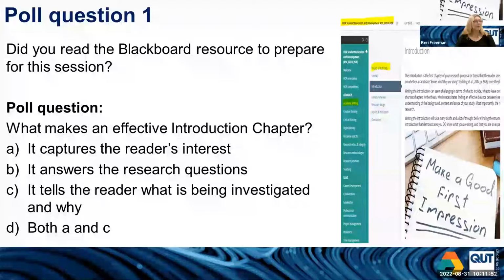Now, obviously, sometimes these poll questions, the answers are quite easy. It's not about trying to trick you or anything. It's just to tweak your thinking and get you into the groove of keeping these sorts of things really clear in your mind, such as the fact that an effective introduction chapter needs to capture the reader's interest, of course, and it needs to tell the reader what's being investigated and why.